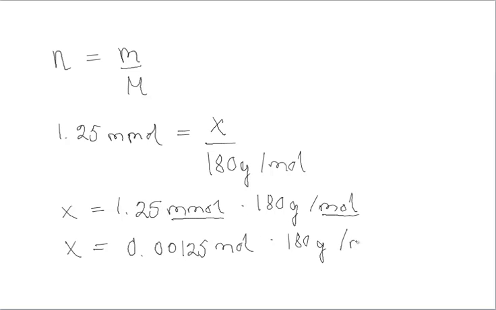And now you see we have mole and mole, so the unit in the end will be gram. So 0.00125 times 180 is 0.225 gram.